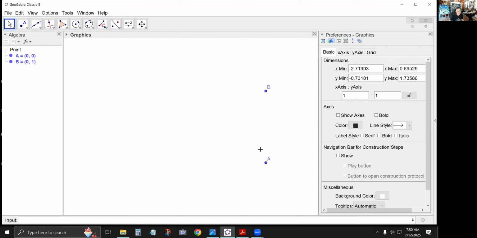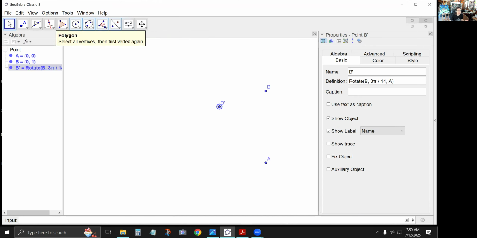So we want to construct an angle BAG with point G over here somewhere that is 3 pi over 14 degrees. So we're going to type rotate point B by 3 times pi over 14 about A, and that gives us the angle.